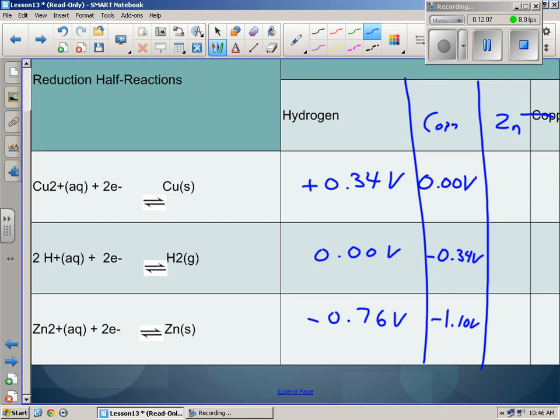All right? So what we've done now is we're not changing anything, guys, really. We're just saying, I don't want to use the hydrogen as the reference half cell. How can I adjust my table so that copper is the reference half cell? Well, all these numbers here would depend on whether it's above or below, but the difference has to stay the same, always. You can't change the fact that copper is 0.34 volts more than hydrogen.